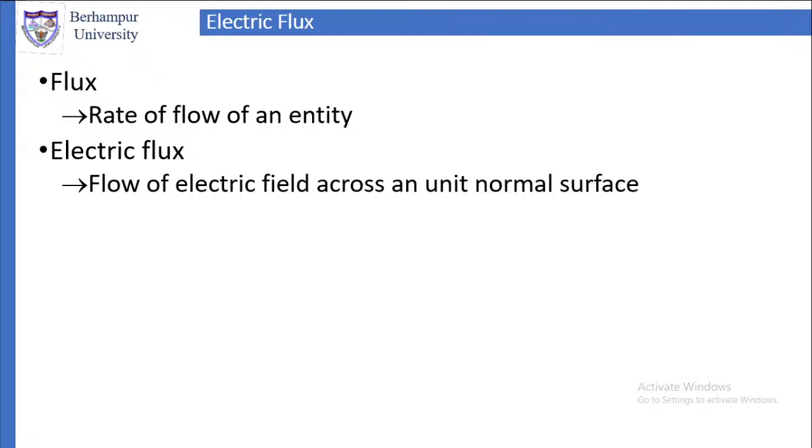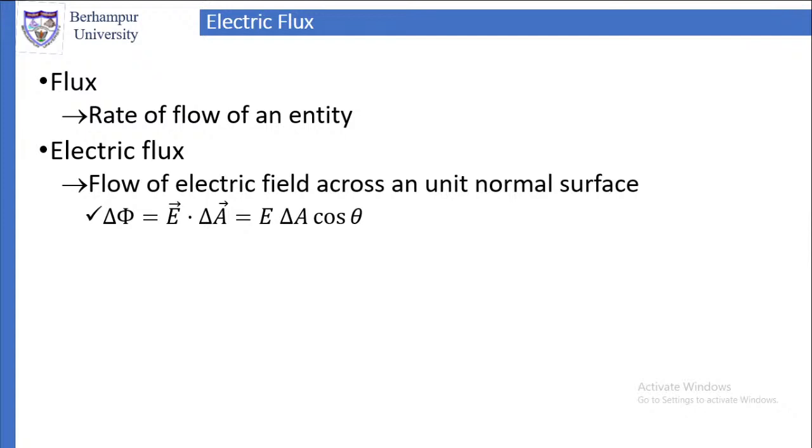Suppose delta phi is the flux that is crossing an area delta A. As you know, area is a vector quantity. So delta phi will be the flux that is crossing an area, which is obtained by a crossing of electric field and area delta A. Electric field is E, area is delta A.